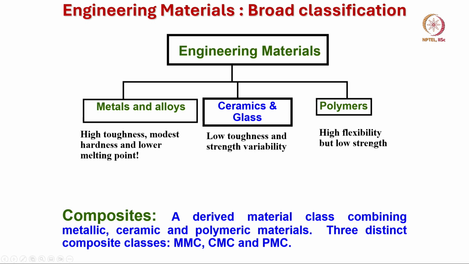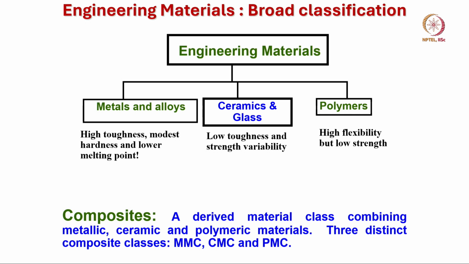Now, let me go back to where I stopped in my discussion on engineering materials. After showing you these 4 videos, let me revisit these key slides to remind you that engineering materials can be categorically classified into 3 primary material classes: metals and alloys, ceramics and glass, and polymers, each having their own key advantages.